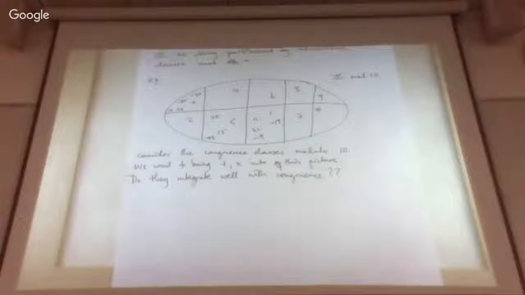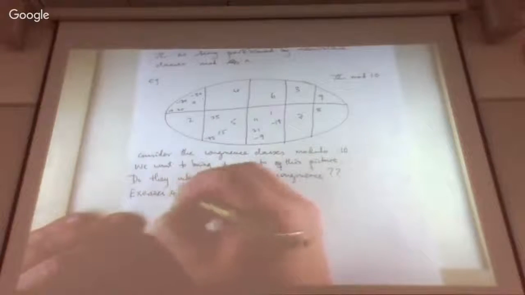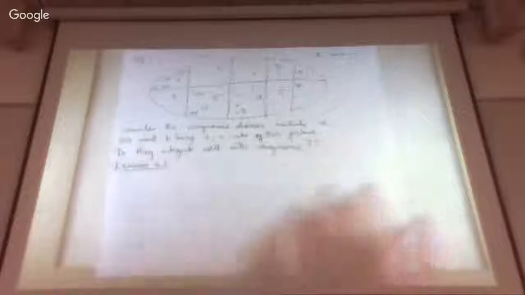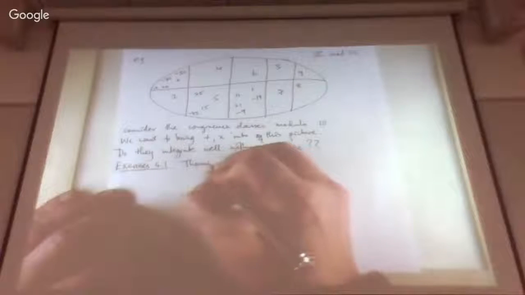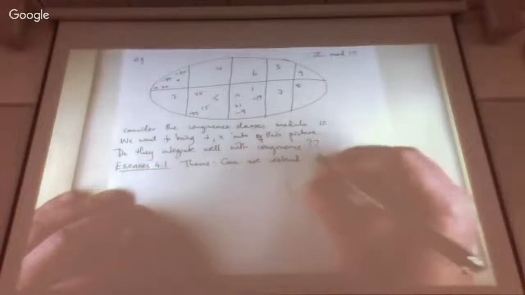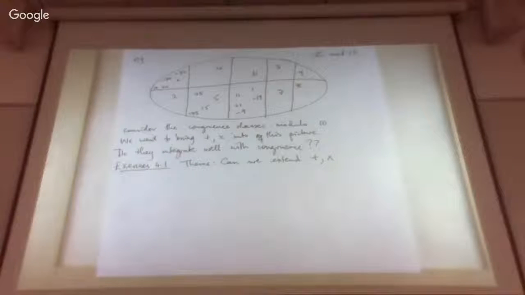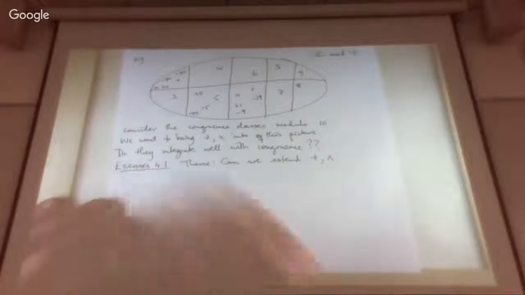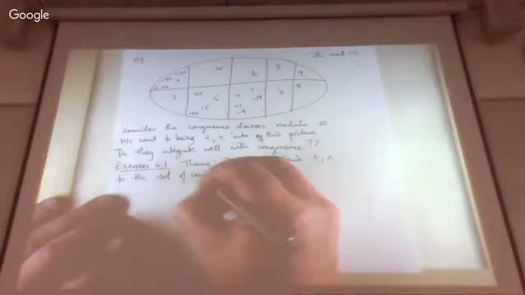So what we're going to do now is look at a bunch of results in exercises 4.1. Exercises 4.1 are all around the theme of: can we extend addition and multiplication, which we know as operations on individual integers, to the set of congruence classes modulo 10?